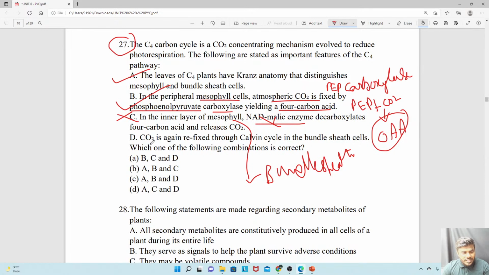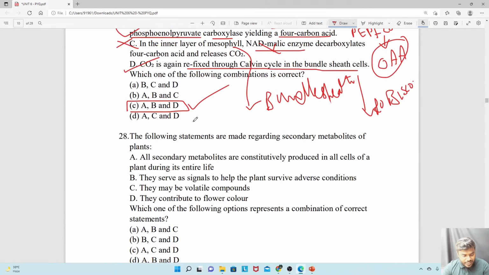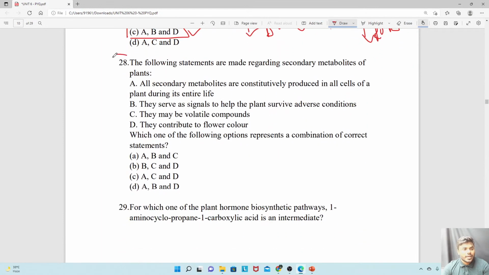Now look at D: carbon dioxide is refixed through the Calvin cycle in the bundle sheath cell. Why? Because in the bundle sheath cell, rubisco is present. Hence option A is right, option B is right, option D is also right. Hence the correct answer will be C. There is no doubt about it. That's really good. Great. Question number 28.